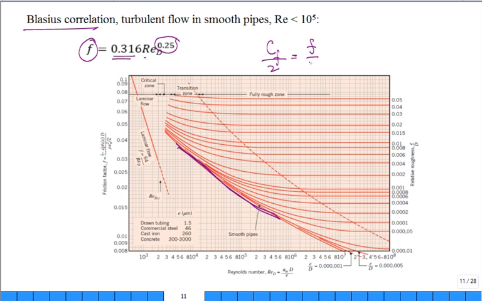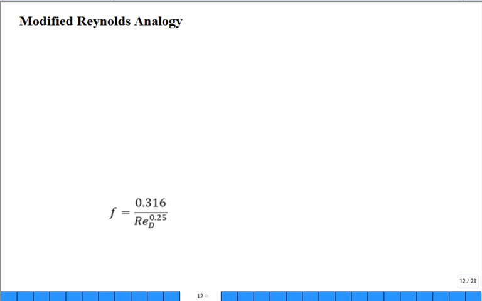Friction factor over 8. Guess what? We just have an expression for the friction factor from the Moody diagram. You can substitute it into that. True? So if you want to, you can get a Nusselt correlation for smooth tube turbulent flow just using that information.